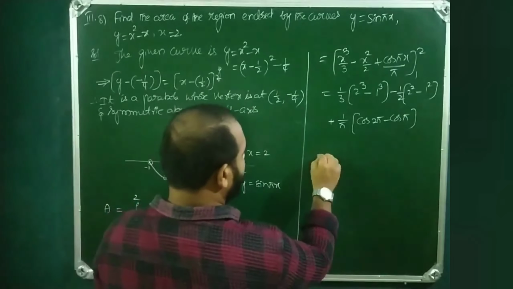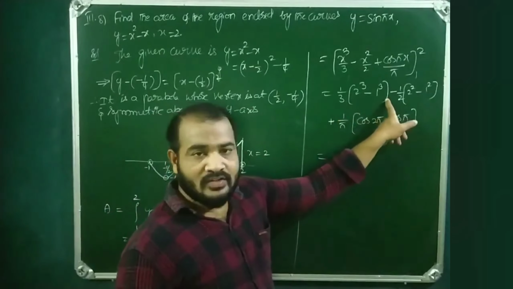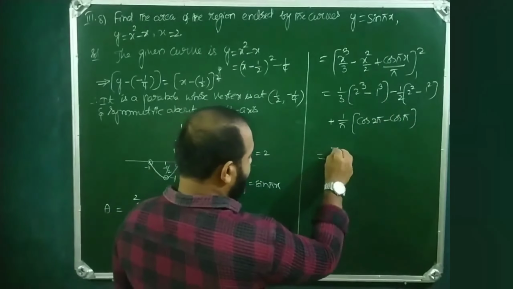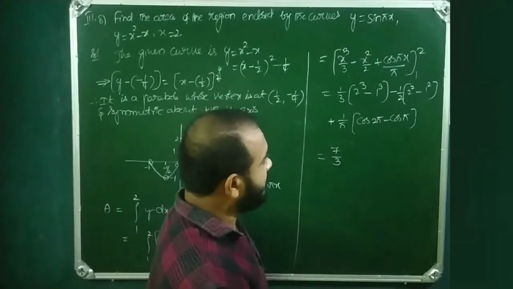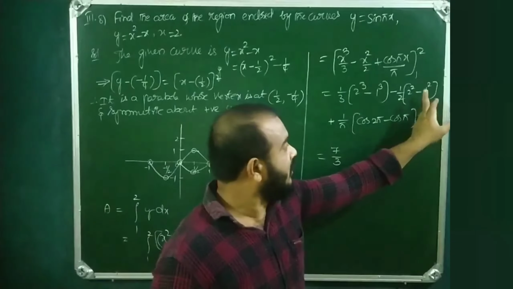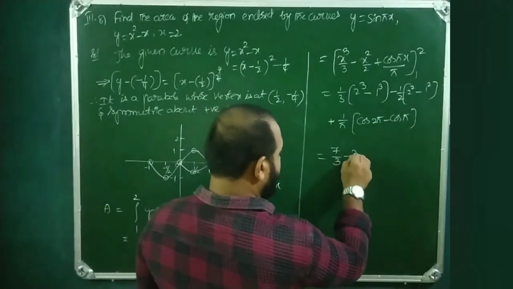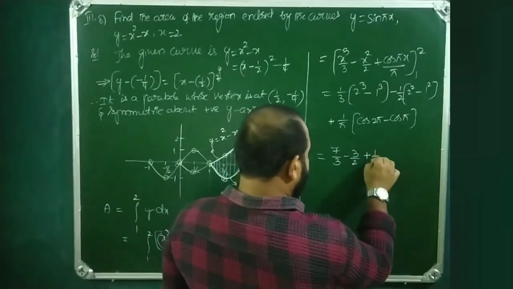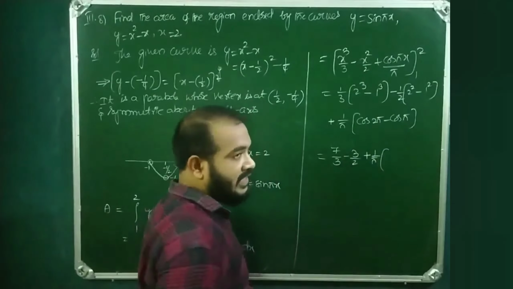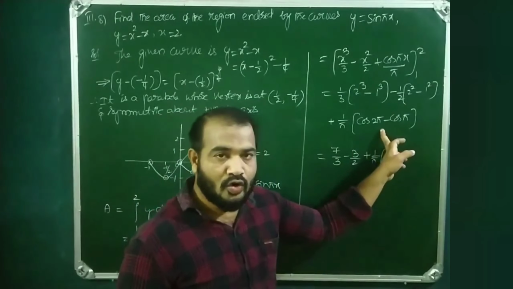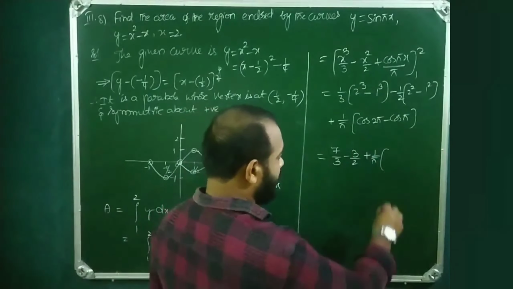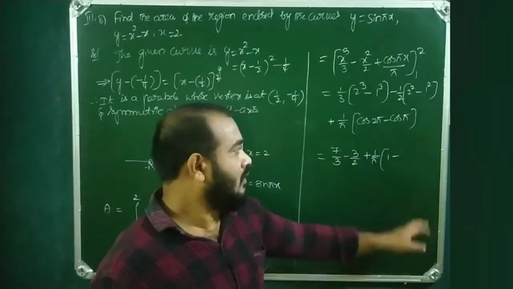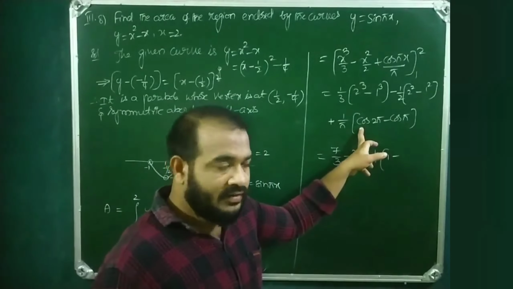So this is equals to 2 cube is 8 minus 1, 7 by 3. Next, 2 square 4 minus 1, 3, 3 by 2, plus 1 by pi, cos 360 minus cos pi. Cos 360, cos 0 value is 1.